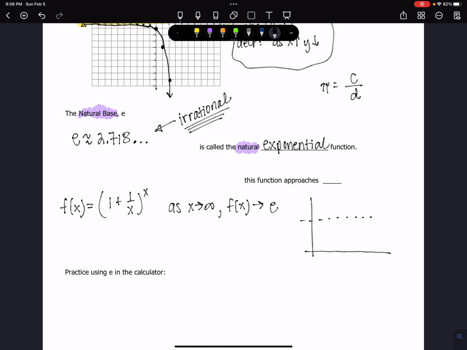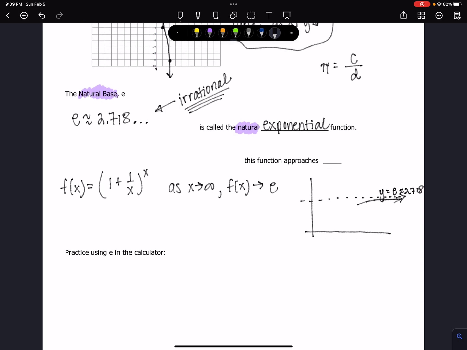So you've got this graph here, and this would be a horizontal asymptote at y equals e, which is approximately 2.718. I always go up 3 decimal places, starting at this level of math and higher. As x gets really, really big, the function approaches that asymptote of e.